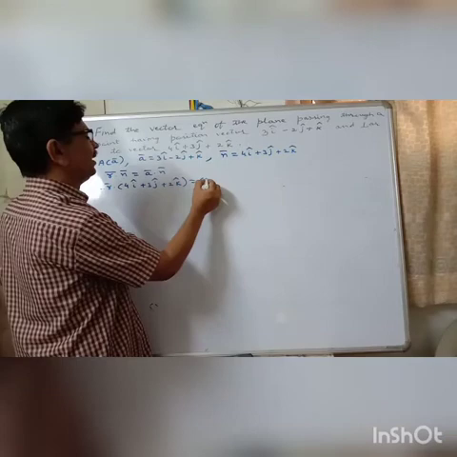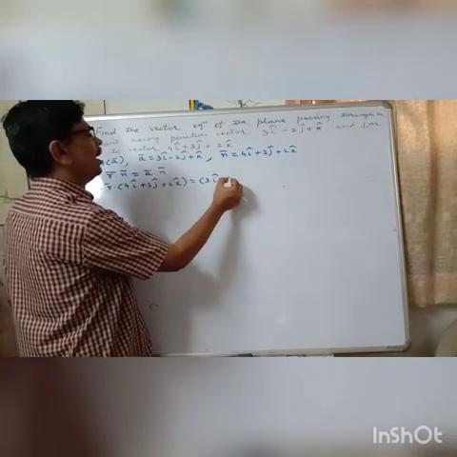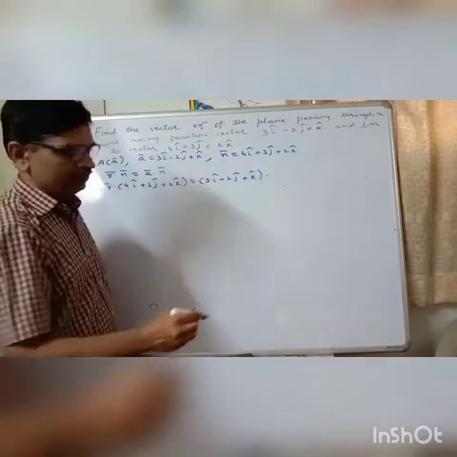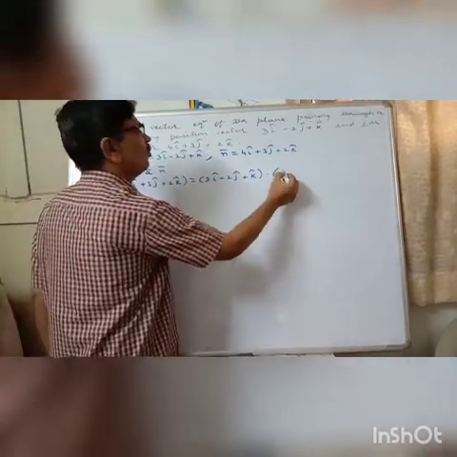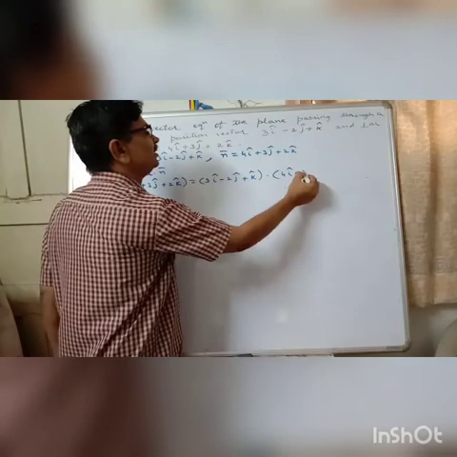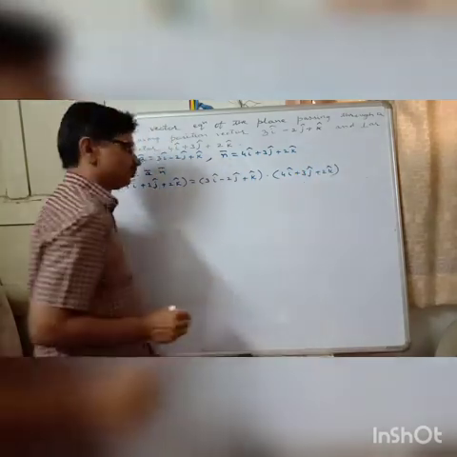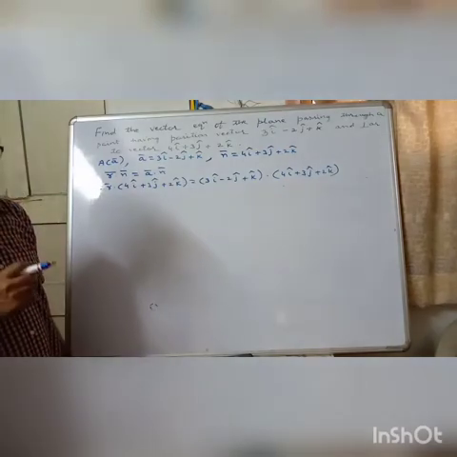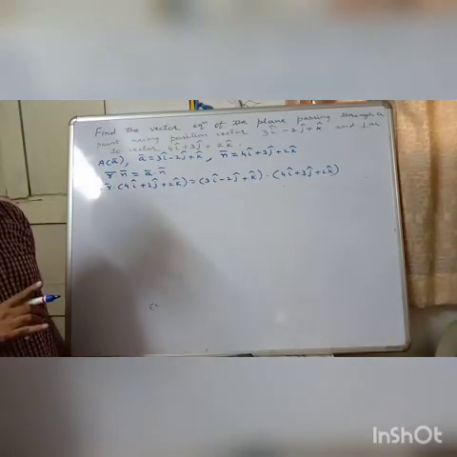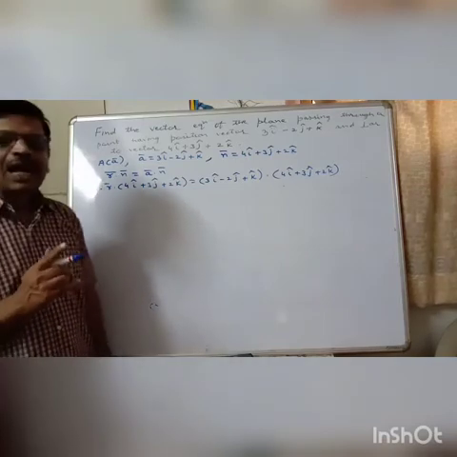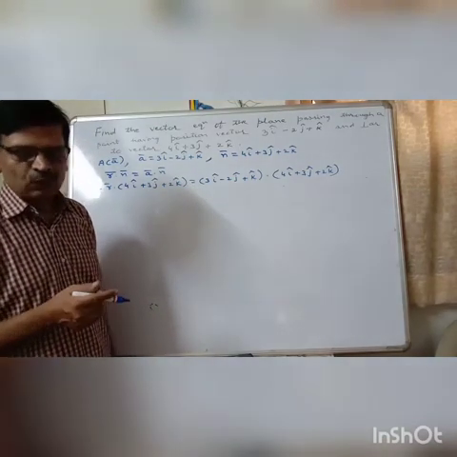In first bracket 3i minus 2j plus k dot, in another bracket 4i plus 3j plus 2k. Dot product of two vectors is a scalar quantity. So dot product is also known as scalar product.